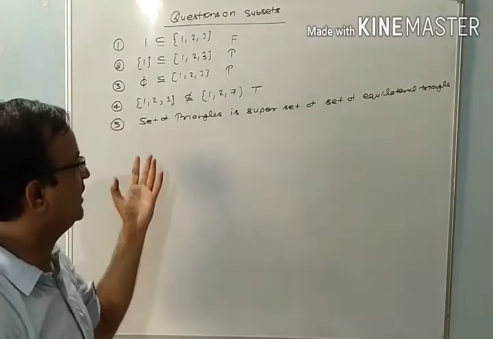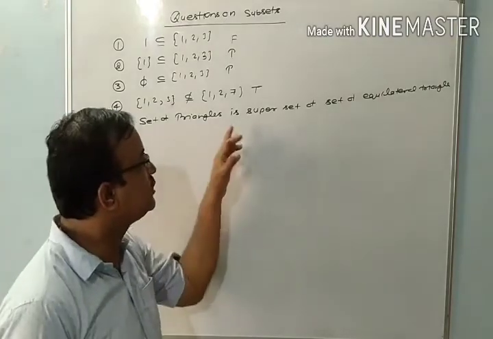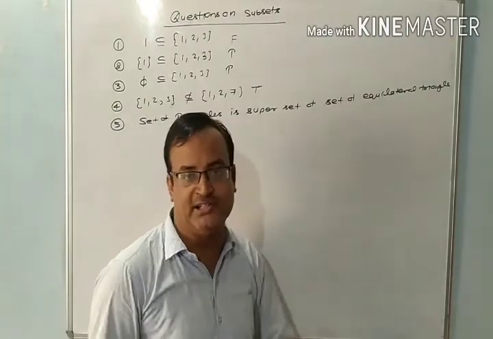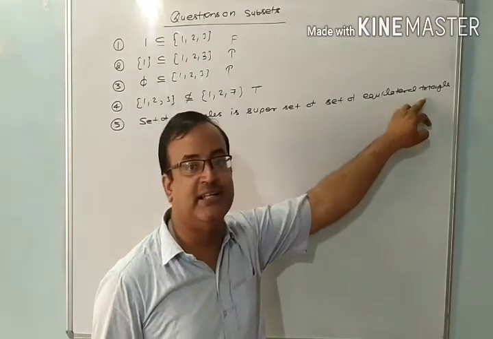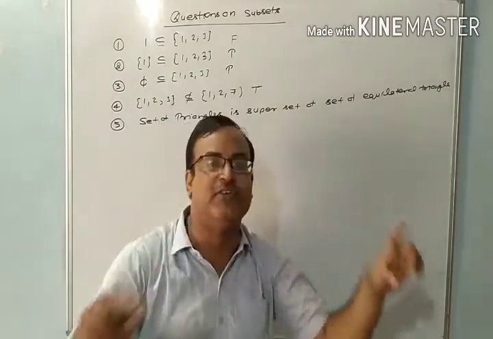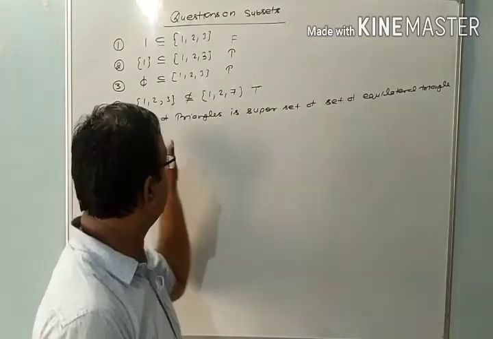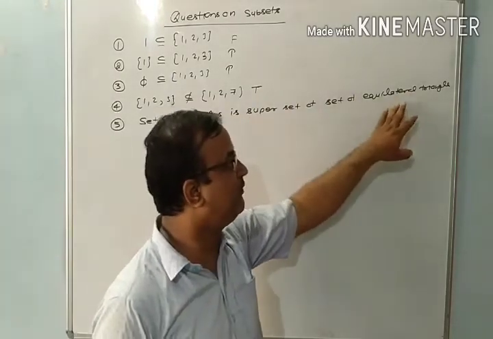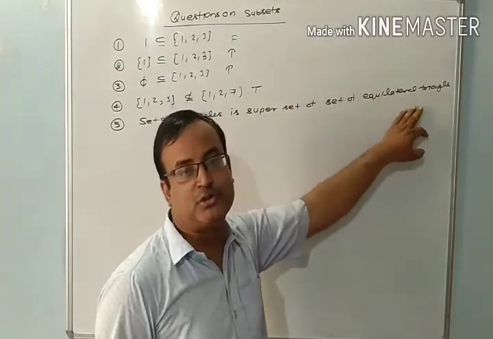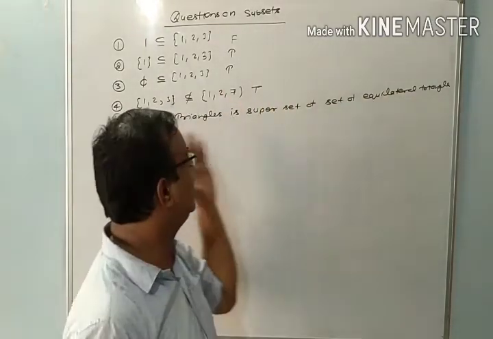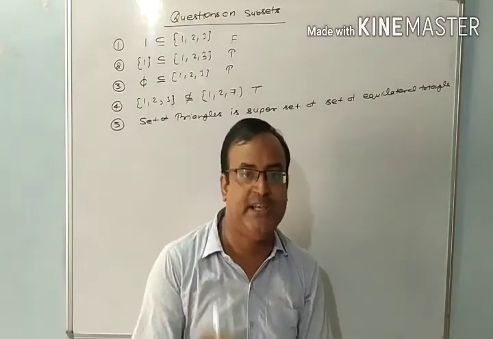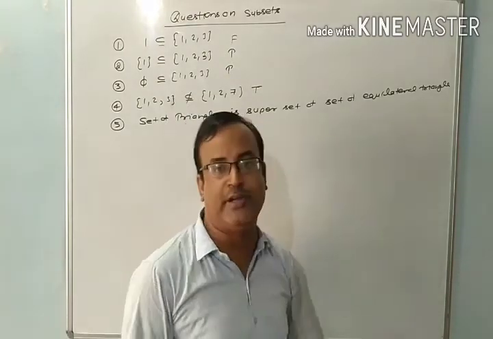Yes, because the set of equilateral triangles is a part of the set of all the triangles in a plane. So this set is a bigger set than the set of equilateral triangles, so it will contain the equilateral triangles. That's why the set of all the triangles in a plane is a superset of the set of equilateral triangles.